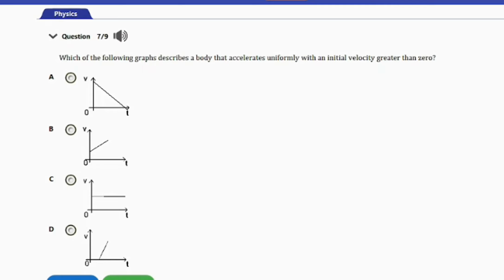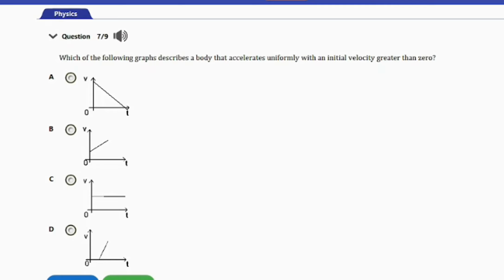It says, which of the following graphs describes a body that accelerates uniformly with an initial velocity greater than 0? So guys, we have different graphs here, but option B here is the graph that best illustrates a body accelerating uniformly with an initial velocity greater than 0.